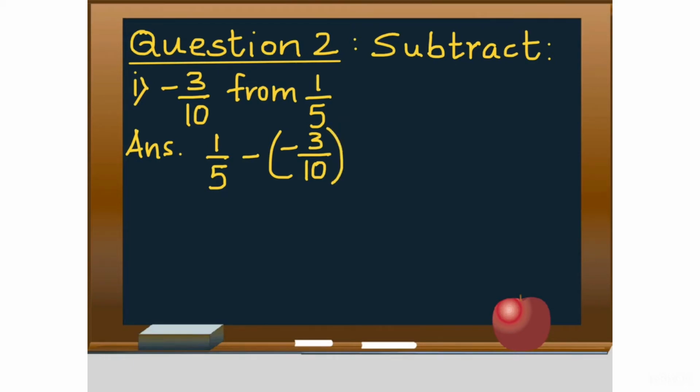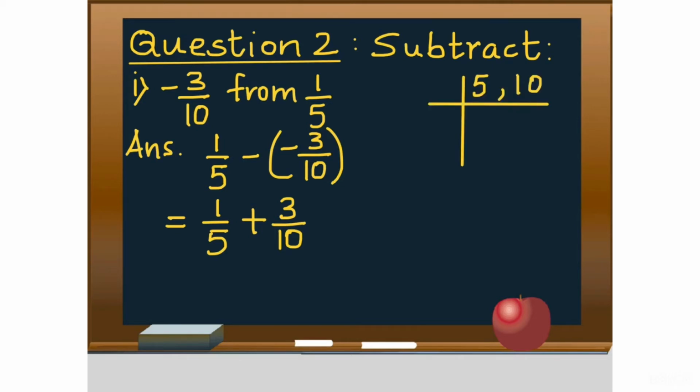This expression is equal to 1 by 5 minus of minus is plus 3 by 10. Since the denominators are different, we will find the LCM to make the denominators same.